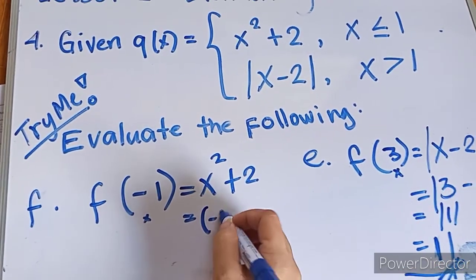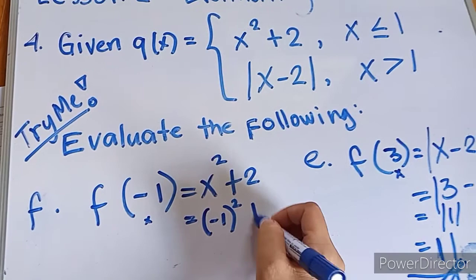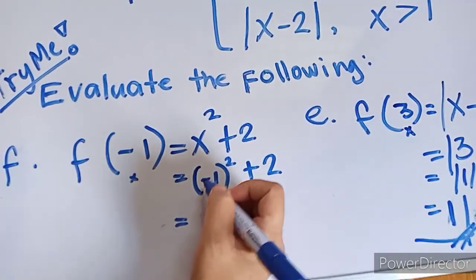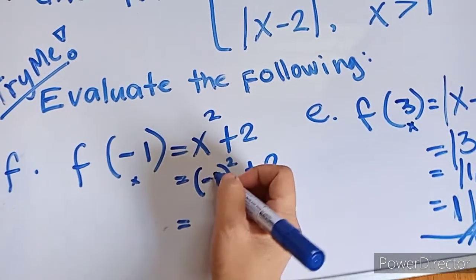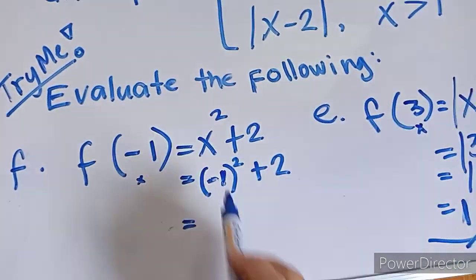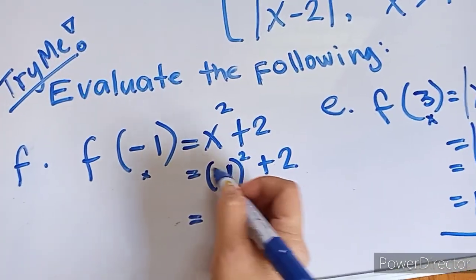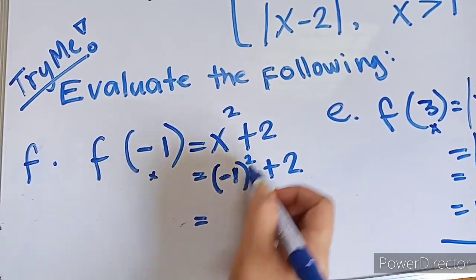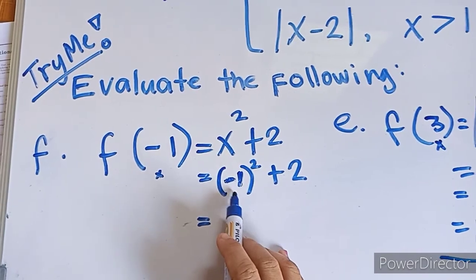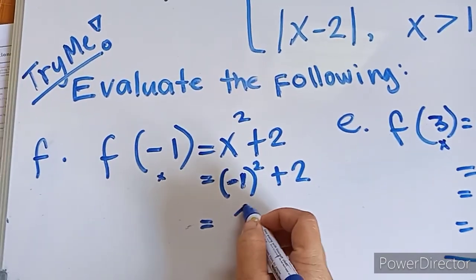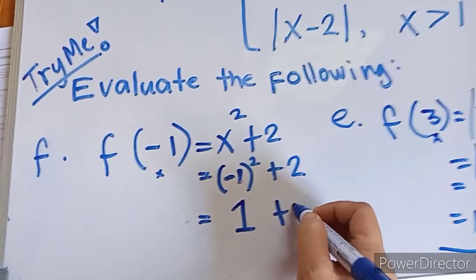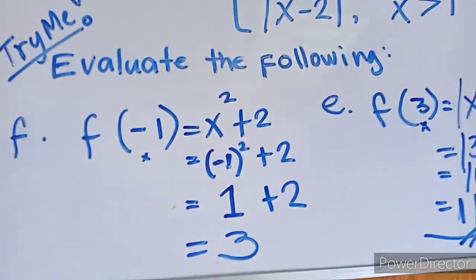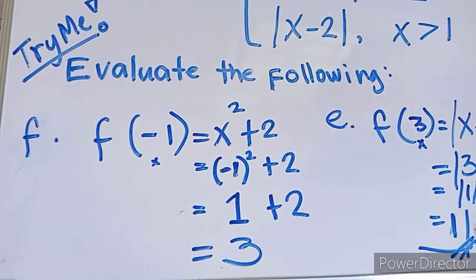So this becomes negative 1 raised to 2 plus 2. Why did I use the parentheses? Because negative 1 here is the value of x, so it is in parentheses raised to 2. That means the whole negative 1 is raised to 2. So, negative 1 times negative 1 becomes positive 1. Plus 2. Then 1 plus 2 is positive 3. So, that is our f of negative 1.